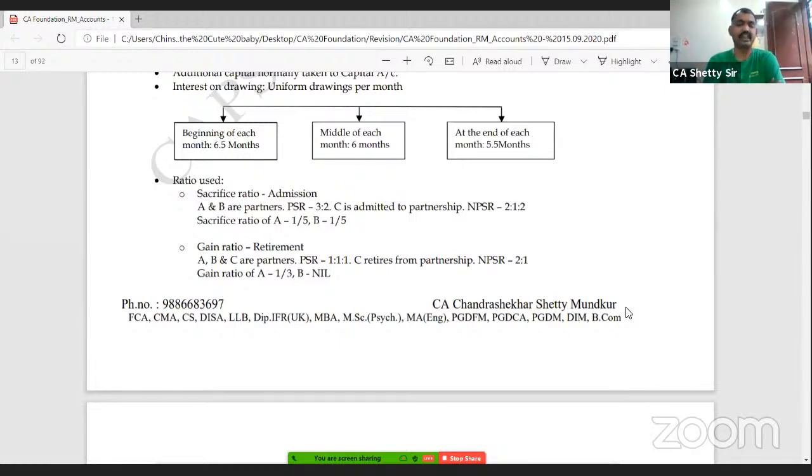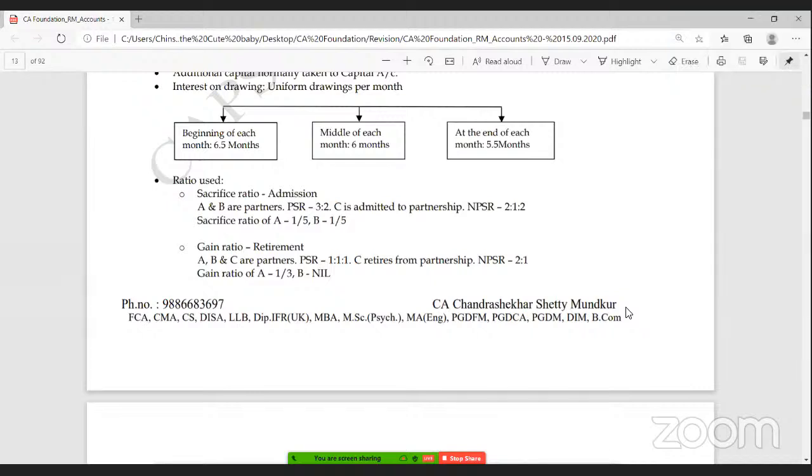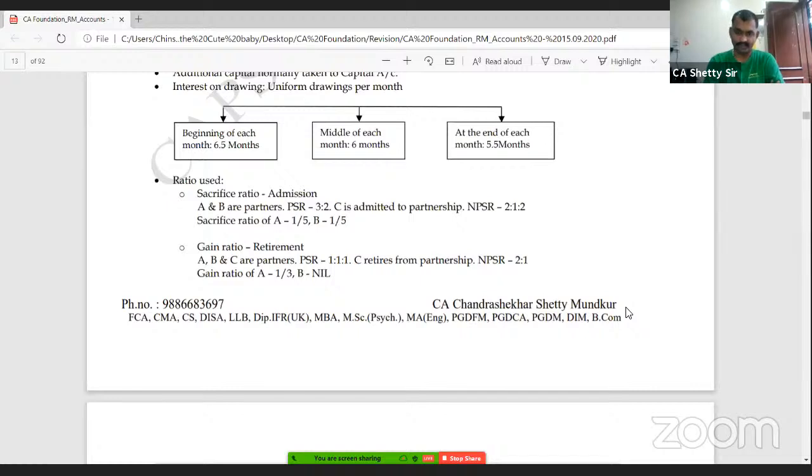Use common sense. Sacrifice ratio is equal to old ratio minus new ratio. How much? A: 3/5 minus 2/5, very good, is equal to 1/5. B: 2/5 minus 1/5 is equal to 1/5. So the sacrifice ratio is 1:1.